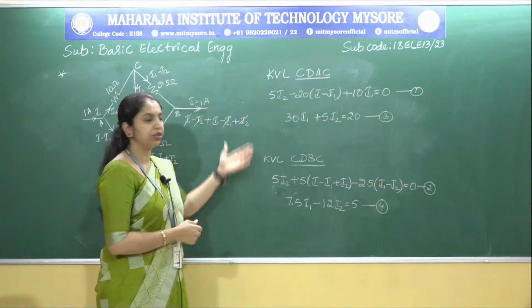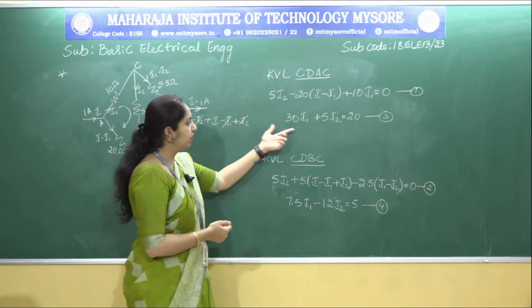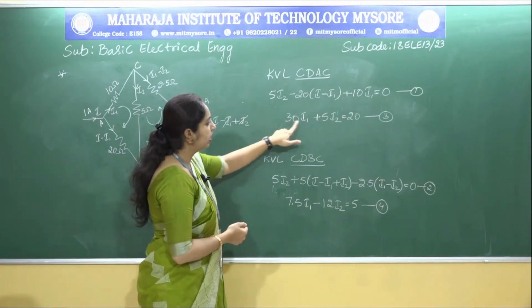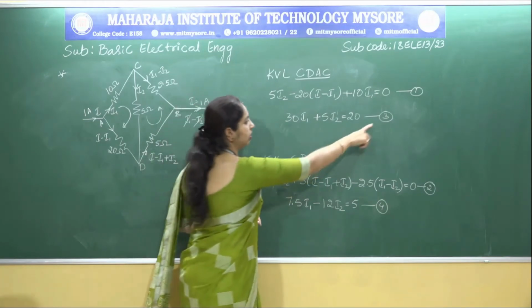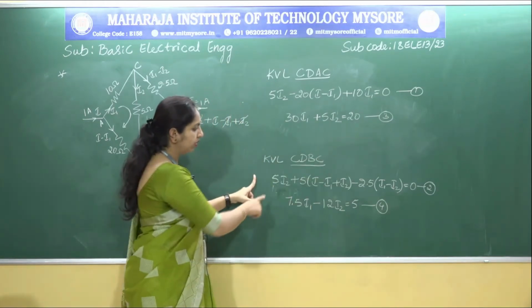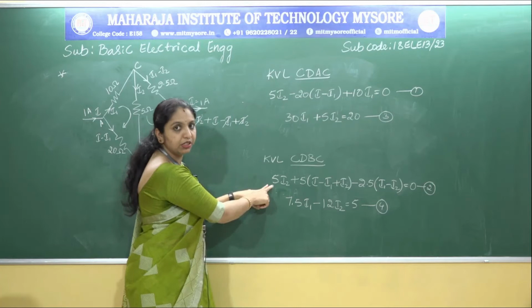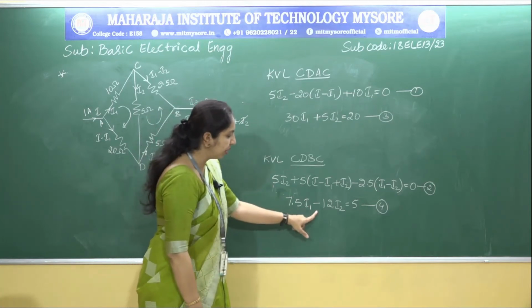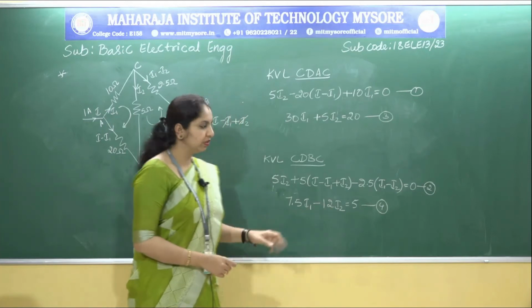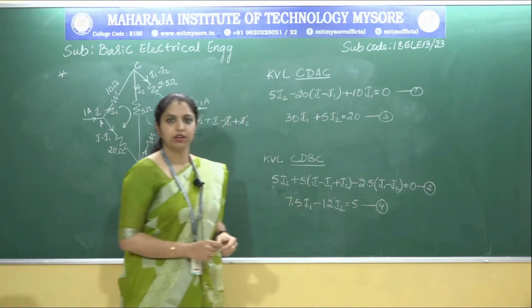After simplifying equation 1, we get 30 I1 plus 5 I2 is equal to 20. Let us call this equation 3. If we simplify expression 2, we get 7.5 I1 minus 12 I2 is equal to 5. We call this equation 4.